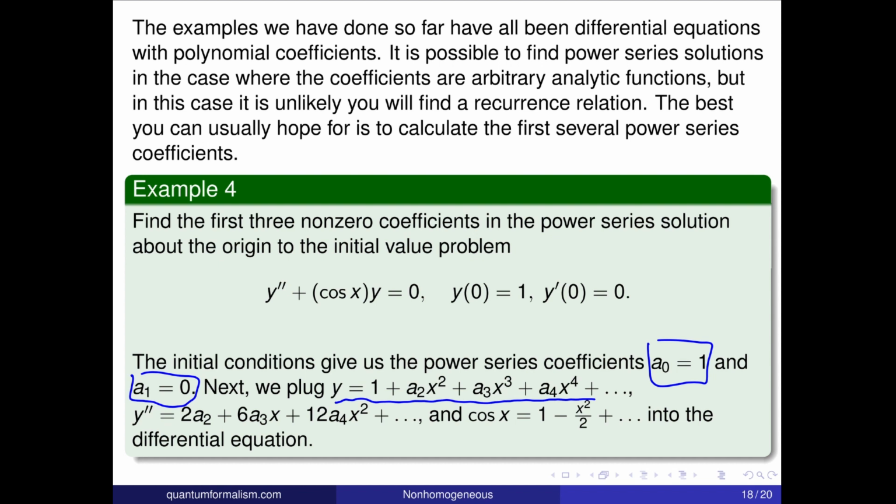And then the first few terms in the Taylor series for cosine x: we have 1 minus x squared over 2. The next one would be x to the fourth over 4 factorial, right? We just saw that formula in the first example, but we should only need these two terms in order to get the first three non-zero coefficients that we're looking for. You can always just start with a handful of terms, and if you realize you didn't have enough, you can just throw some more in. Not a big deal.